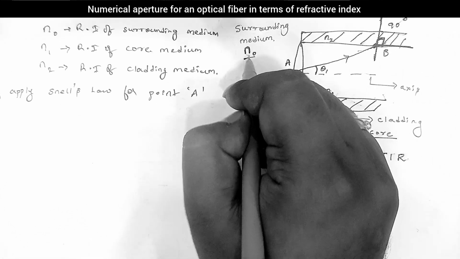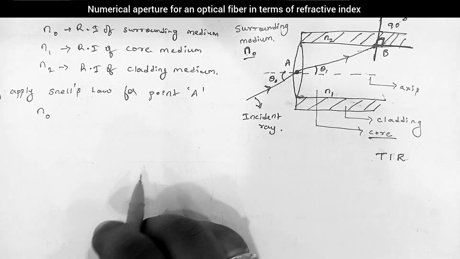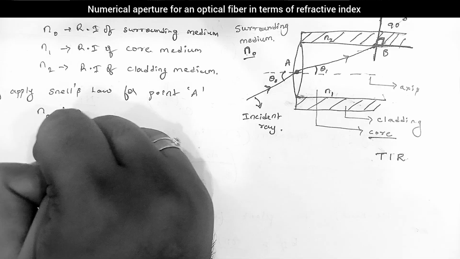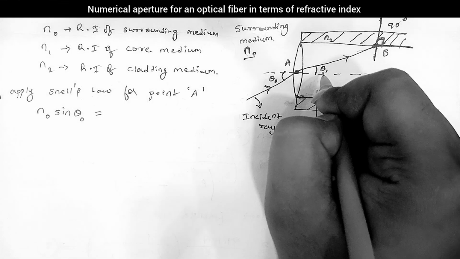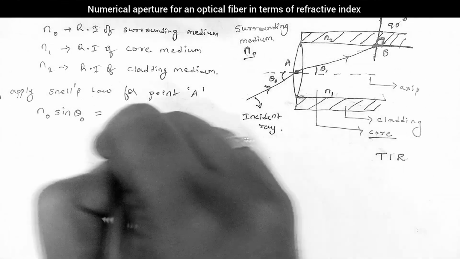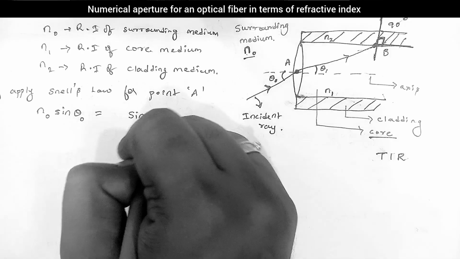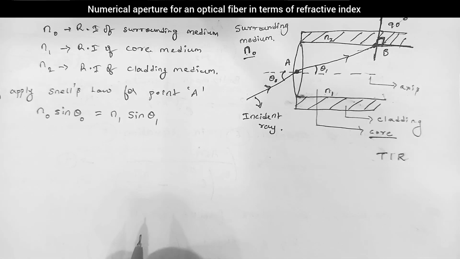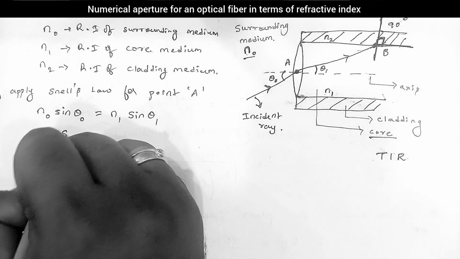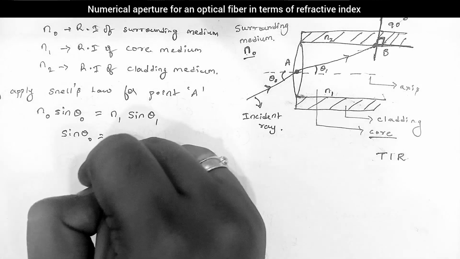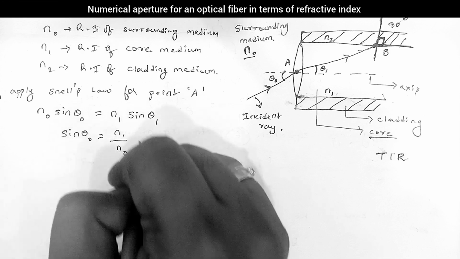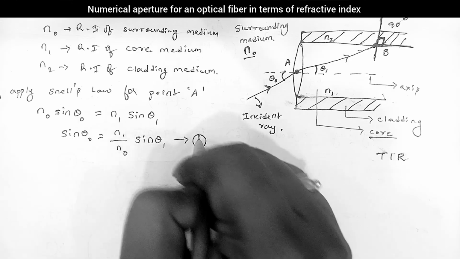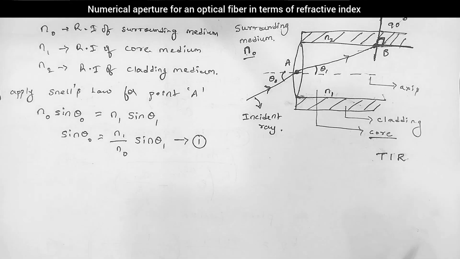First you write the refractive index of the surrounding medium n0 and the angle made, theta naught: n0 sine theta naught is equal to the angle made internally, that is sine theta 1, and the refractive index of the core medium, n1. Rewriting this equation, sine theta naught is equal to n1 divided by n0 times sine theta 1. Take this as equation number 1.